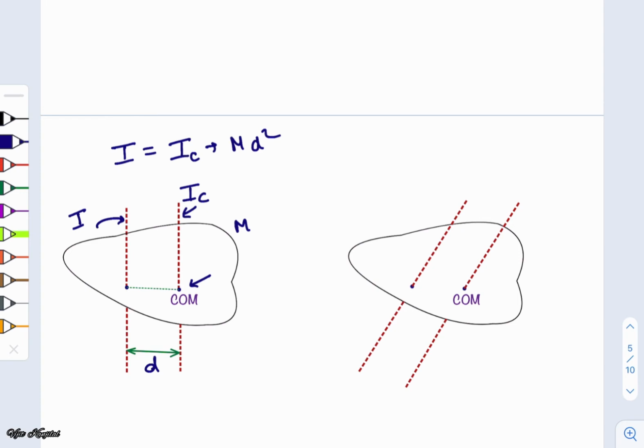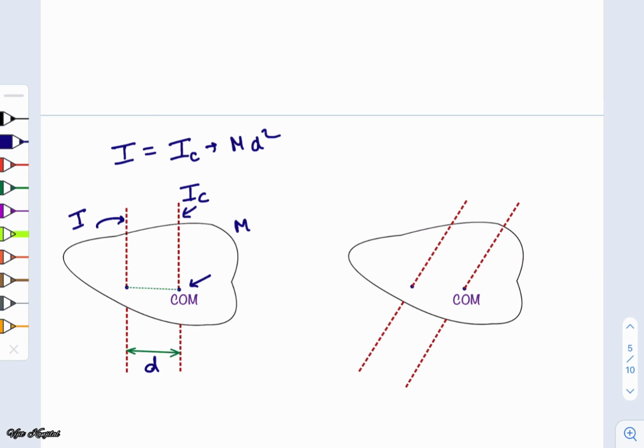How do we define the distance between two axes, this and this? We define the distance between these two axes as the line joining these two axes, which is perpendicular to both of these axes. That is, this is perpendicular to this particular axis, and this is also perpendicular to this particular axis.